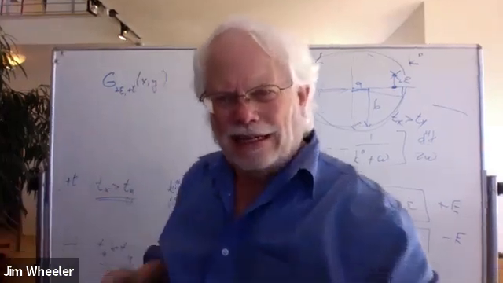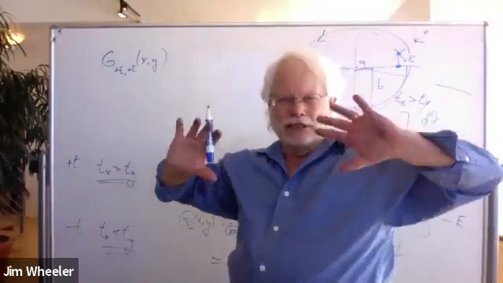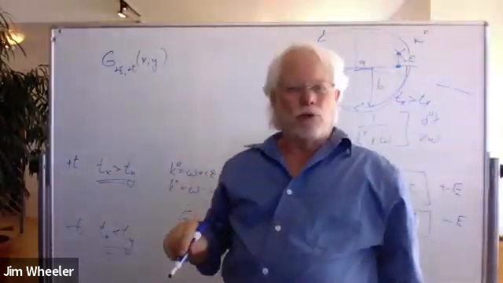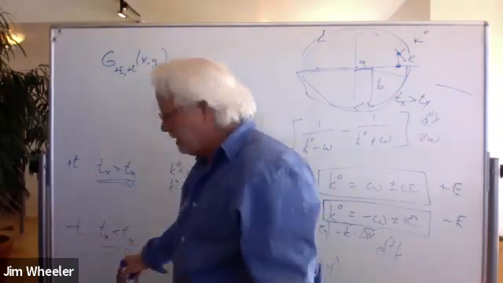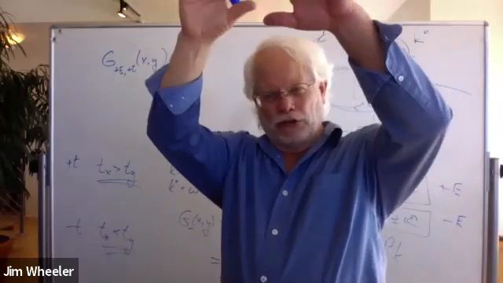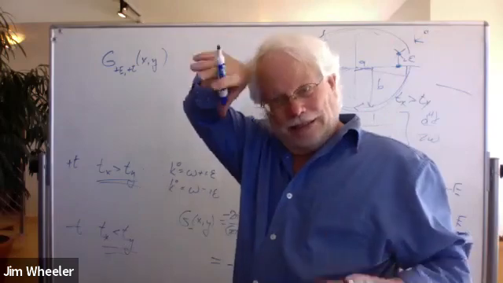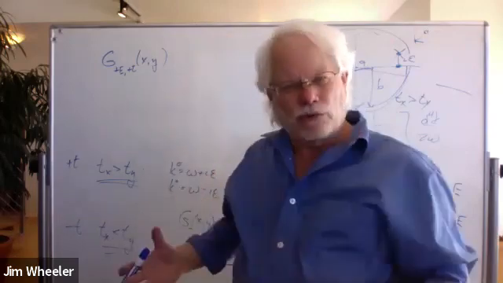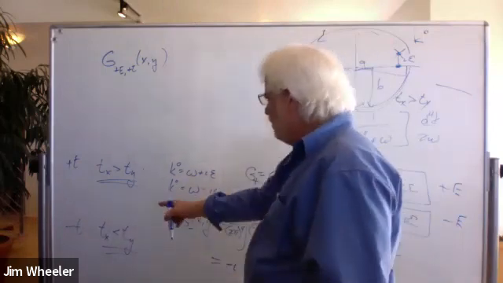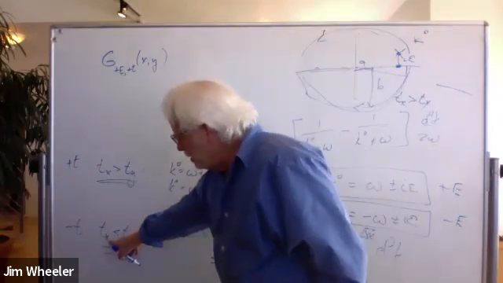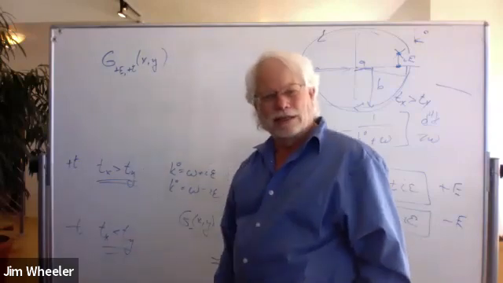So if the time at which we want to know the field is to the future of the source point, that's what I call plus t. I call it minus t if the source point is to the future of the place we want to know the field. And half of these Green's functions we're finding have that property, that they're non-vanishing when the field point lies earlier than the source point.